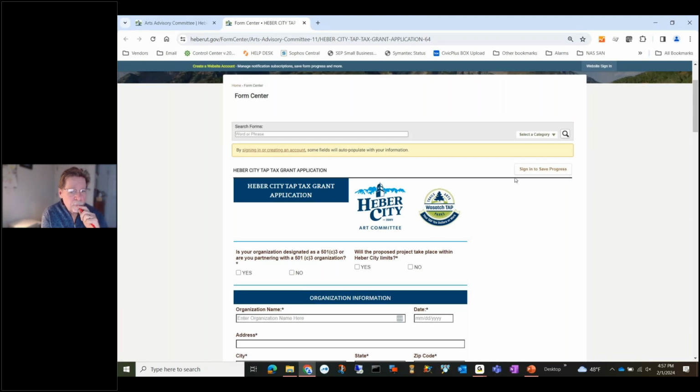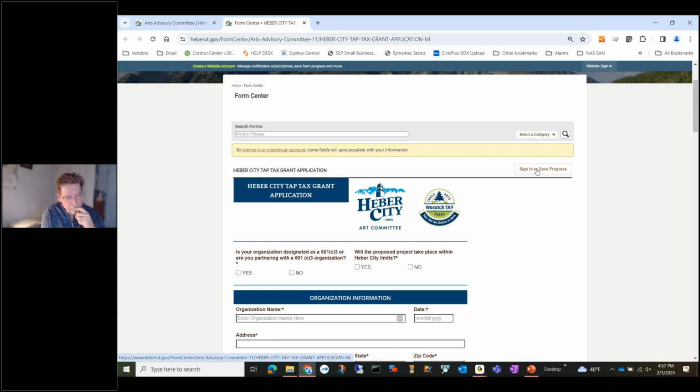Yeah, so if you wanted to start filling out the application, which isn't too intensive, and just wanted to start it and come back to it, the only way you're going to be able to save that information is if you sign in, and it's signing into our website, creating an account with our website.